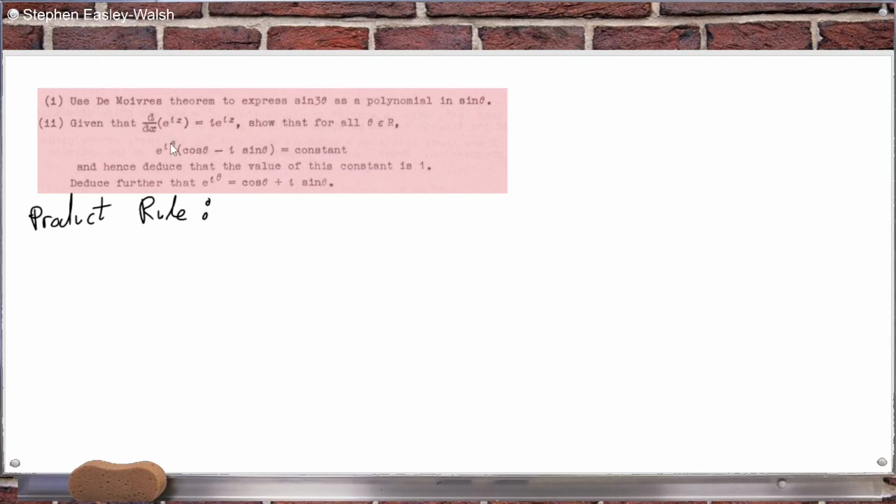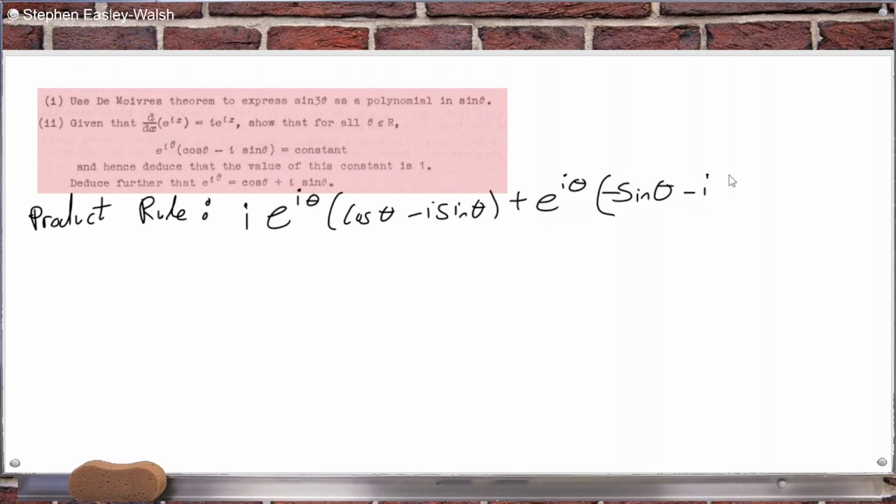So first we differentiate e^(i theta), so that becomes i e^(i theta), and then we keep this cos theta minus i sine theta, and then we'll have plus e^(i theta), and then we differentiate the inside. Cos becomes minus sine theta, and then minus i sine becomes minus i cos theta. So what simplification can we do?